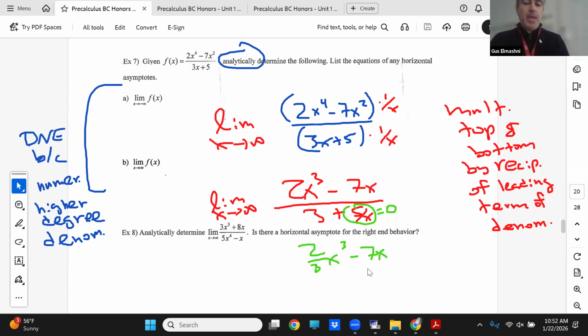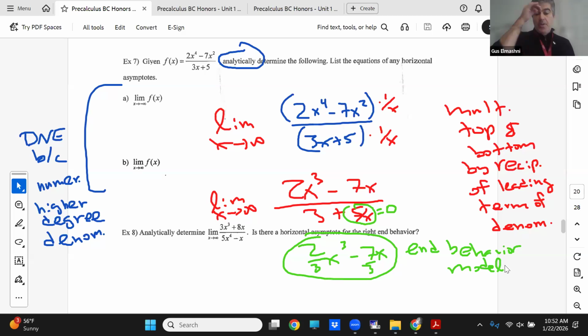Now, if you think about that end behavior, we call this our end behavior model. Why wouldn't it be 7 over 3? You're right, sorry, my apologies. So here's the deal.